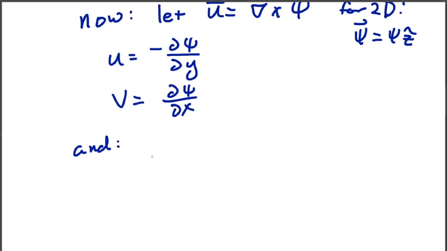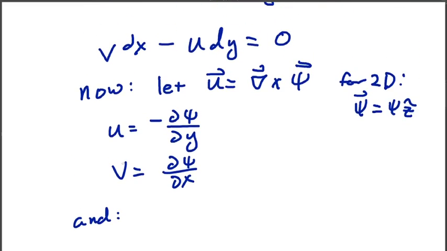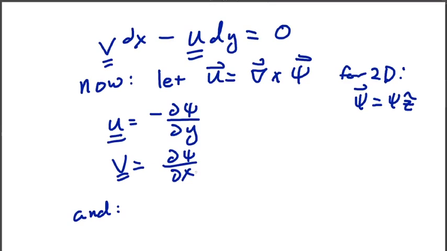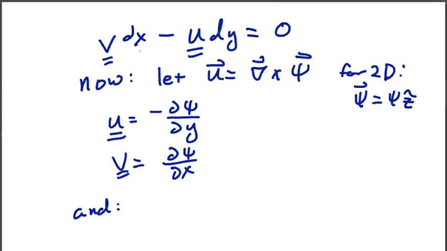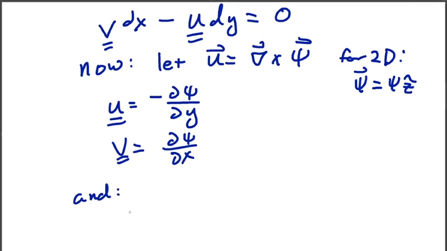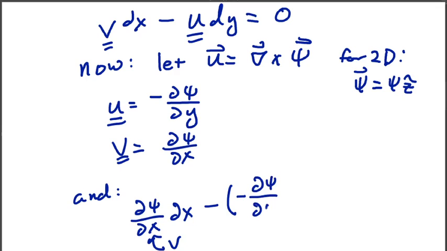All right. Now let's insert those into our streamline relationship. So the u bit goes over here, and the v bit goes over here. And you can see there's a really interesting connection between the partial derivatives and the derivatives of our stream function. In particular, we have d psi dx dx, so this is the v bit here, plus d psi dy dy, so here's the u bit coming in here.